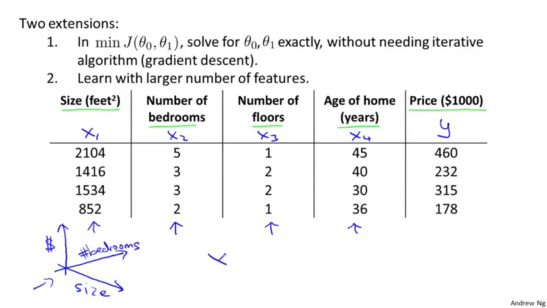So rather than just having X as our feature, we now have X1 through X4, and we're using these subscripts to denote my 4 different features. It turns out the best notation to keep all of this straight and to understand what's going on with the data, even when we don't quite know how to plot it, is the notation of linear algebra.